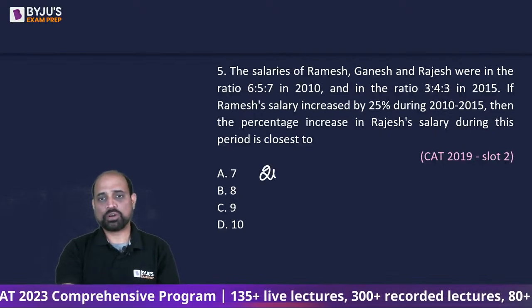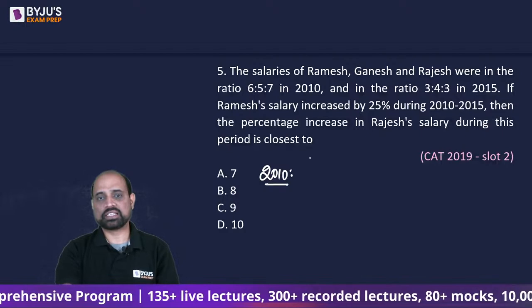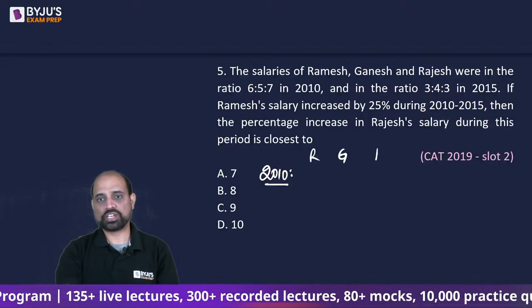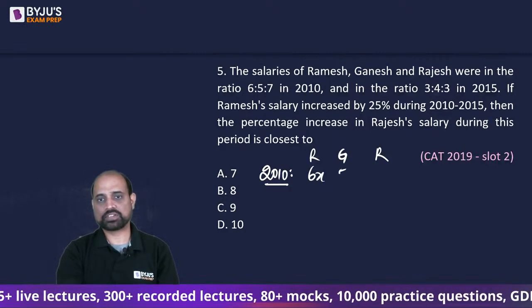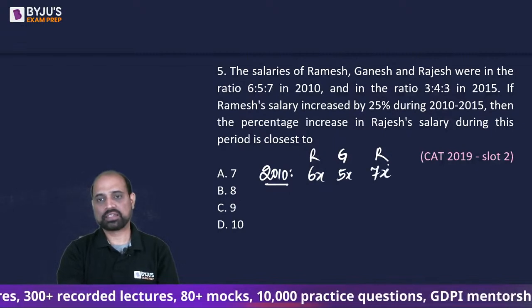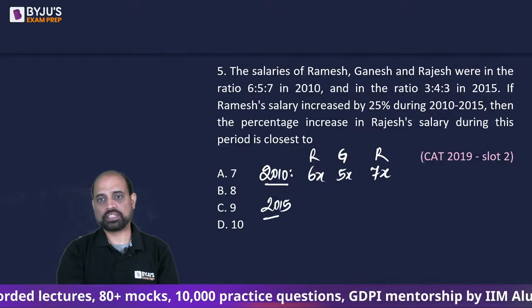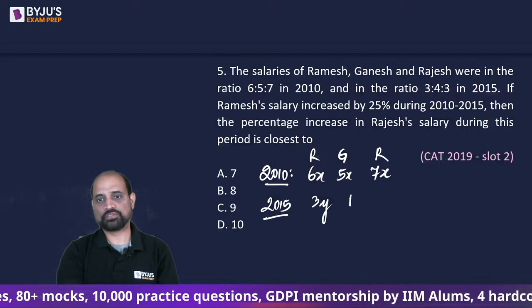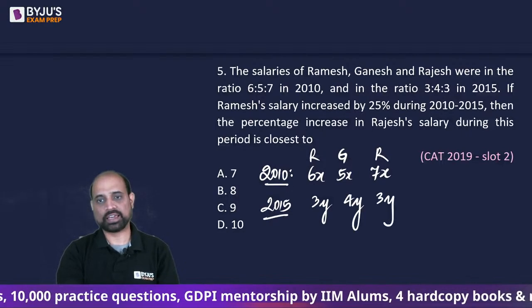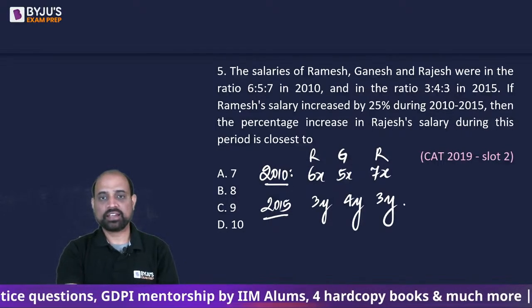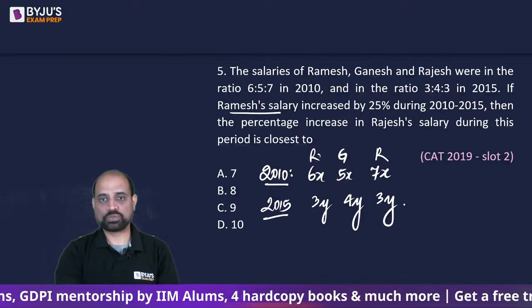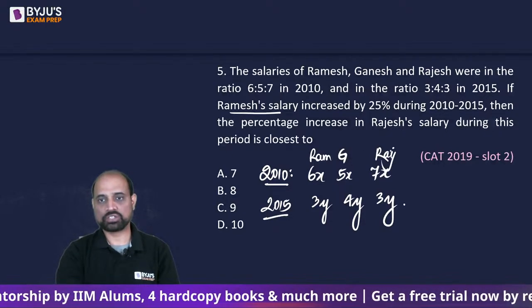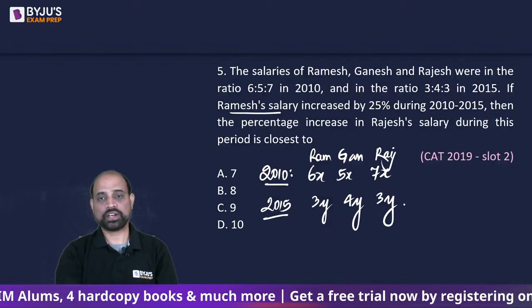If we talk about the year 2010, the salary of Ramesh, Ganesh, and Rajesh was 6x, 5x, and 7x. In 2015, their salaries are 3y, 4y, and 3y again. It is given that Ramesh's salary, so first one is Ramesh, next one is Rajesh, right?